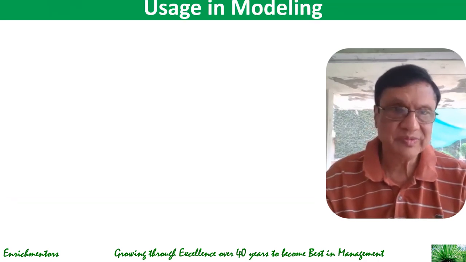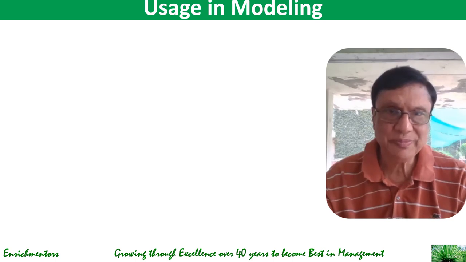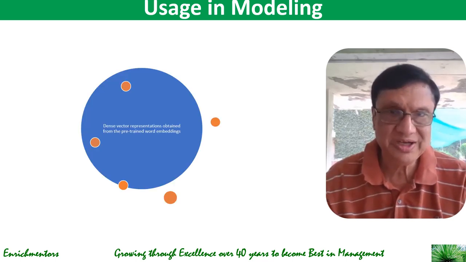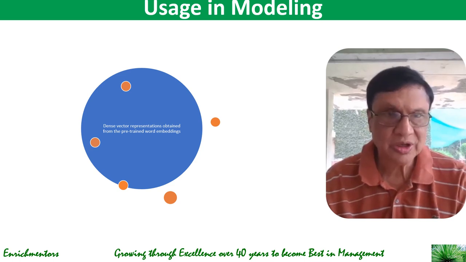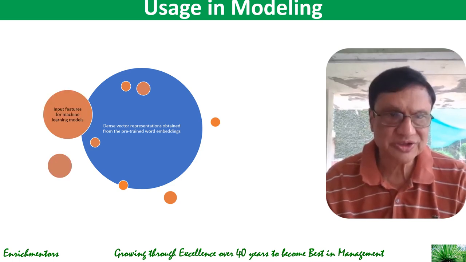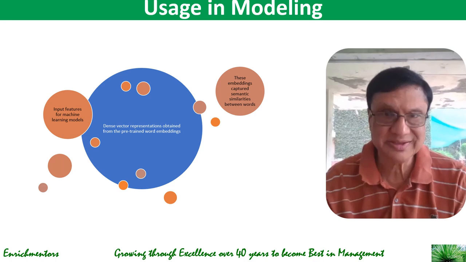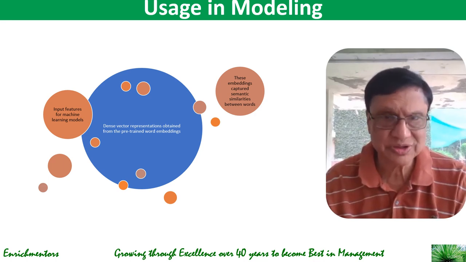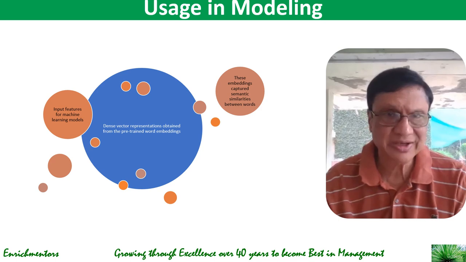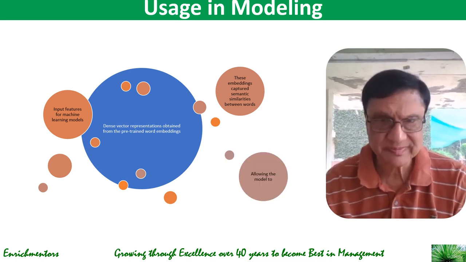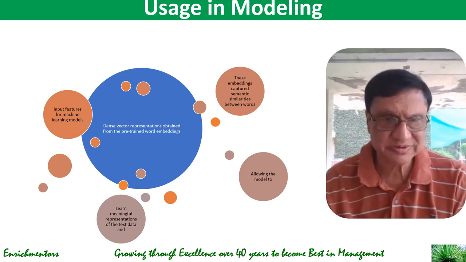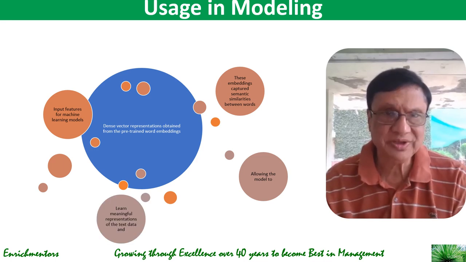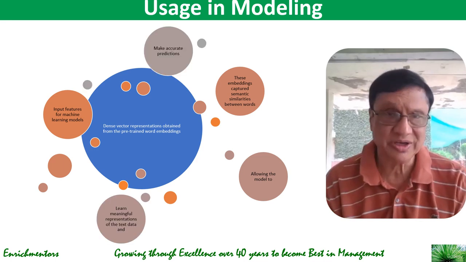The dense vector representation obtained from the pre-trained word embeddings was used as input features for the machine learning models in the sentiment analysis task. These word embeddings captured semantic similarities between words, allowing the model to learn meaningful representations of the text data and make accurate predictions.